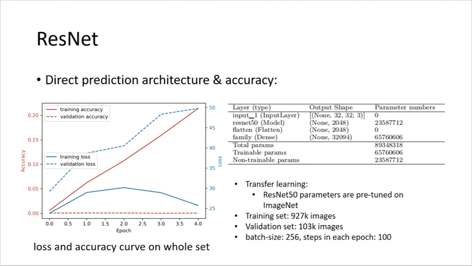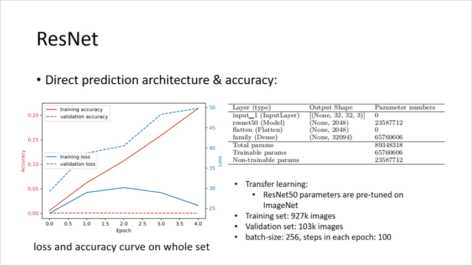In the first model, we decided to predict a category directly. So there's only one output layer, and the output vector has 32,000 dimensions. The hyperparameters are shown on the right below corner.